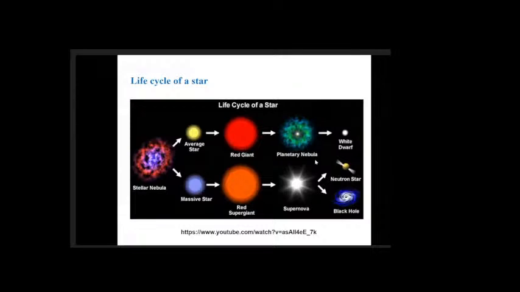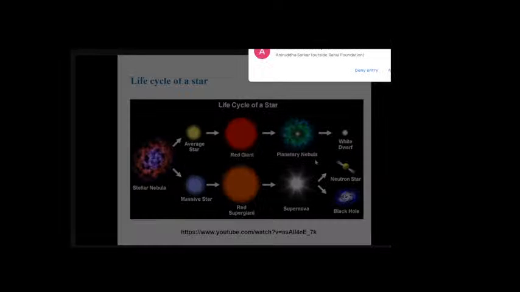So it will be a fusion process, and it will become a neutron. So the entire star will convert into a neutron star. Electrons and protons are converted into neutrons, and there are also neutrons from the beginning. So everything will be converted into neutrons, and it will become a neutron star.